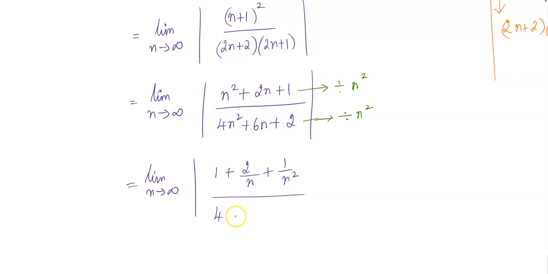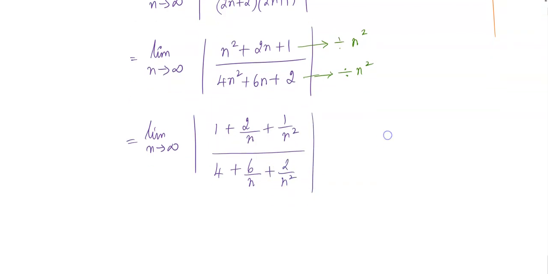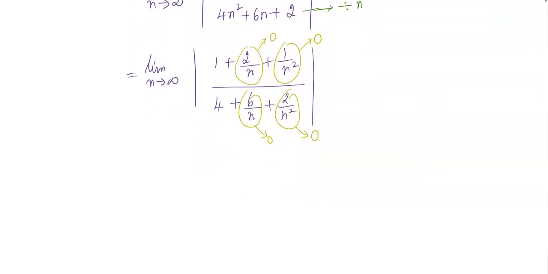And this would be 4 plus 6 over n plus 2 over n squared. Very, very desired condition, because now you have the ability to apply the limit. When you apply the limit, this becomes 0, this also becomes 0. So we are ultimately left with 1 over 4, absolute value of 1 over 4, which is simply 1 over 4 because 1 over 4 is positive already.